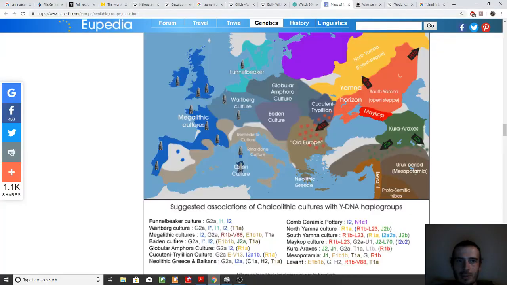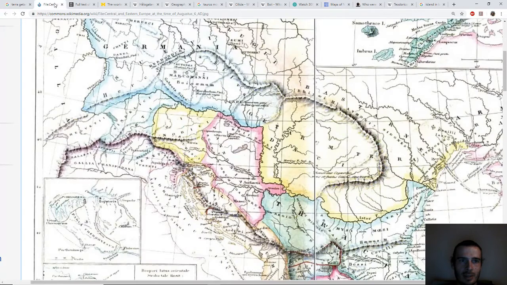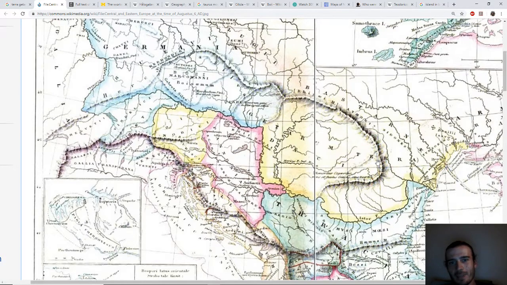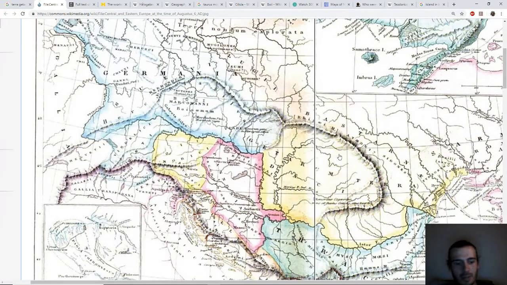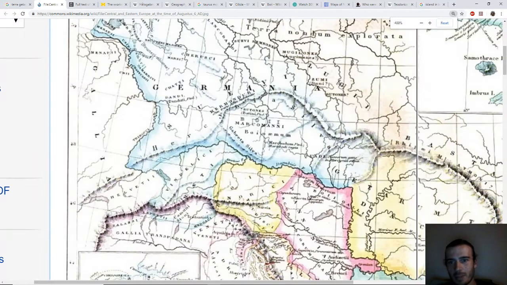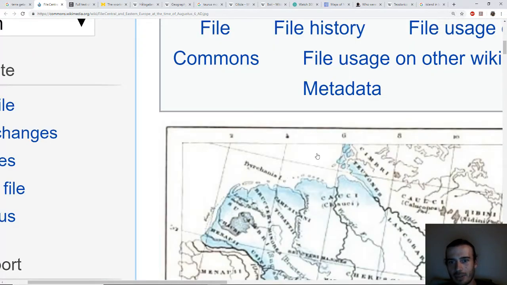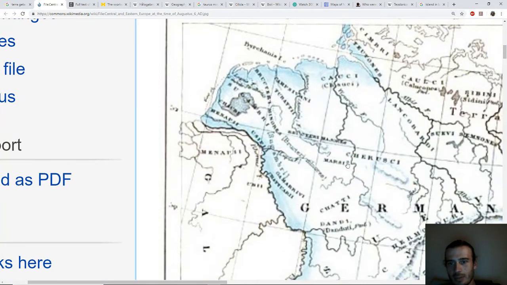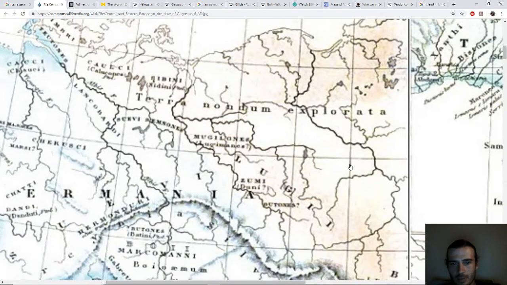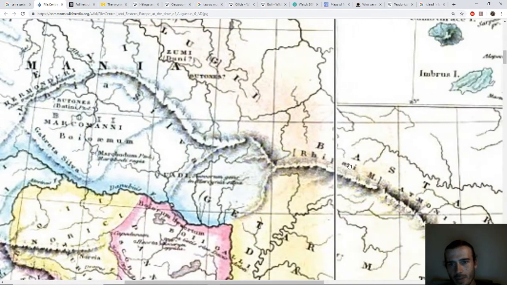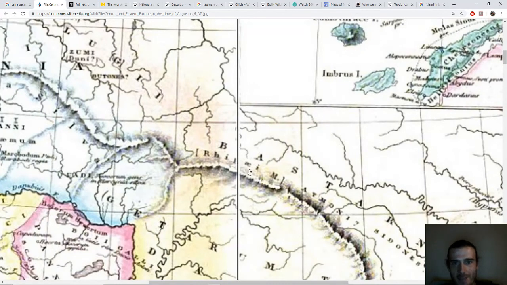Just so you understand clearly, I was looking at a map of Jetarum Terra, which was the land of the Dacians. If you look closely, the mountains are called the Ripae Mountains.